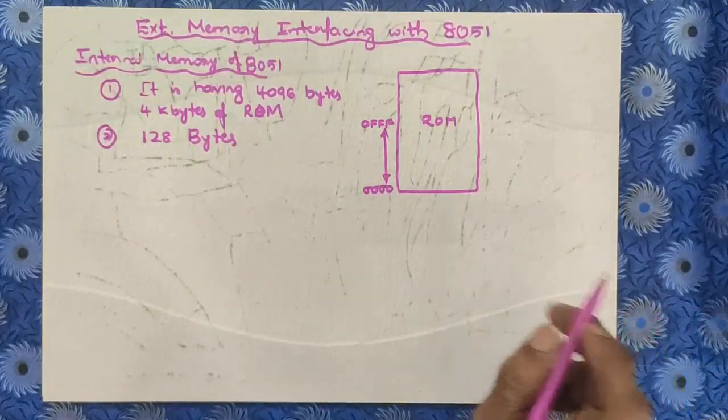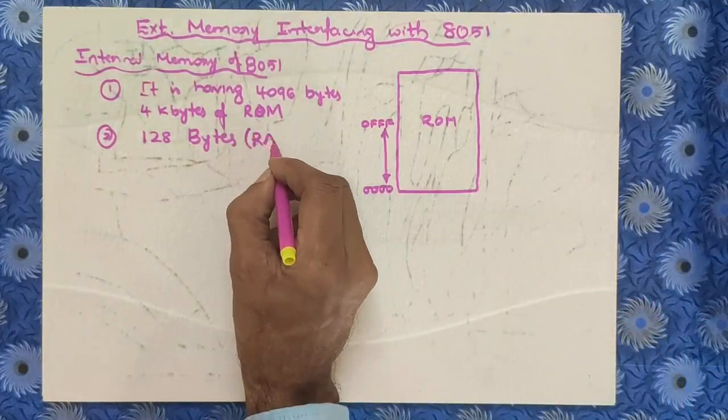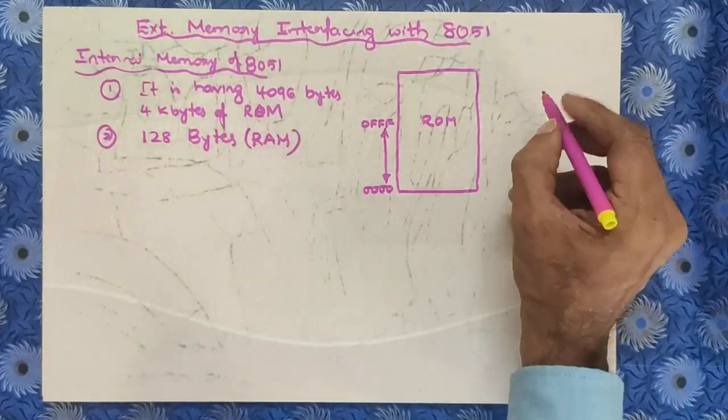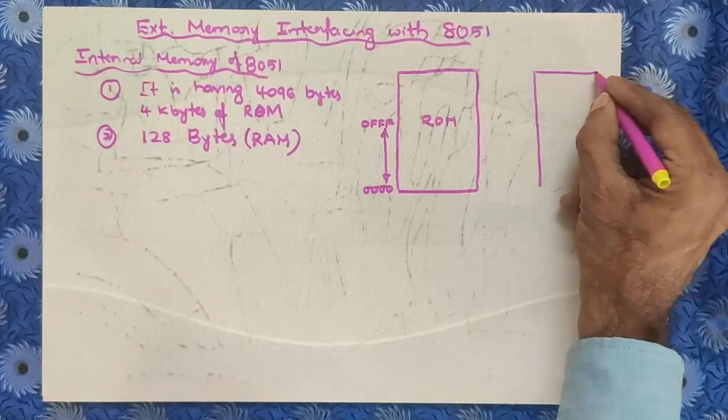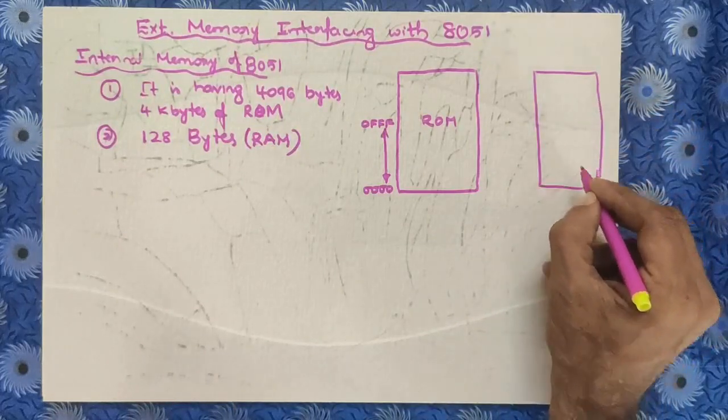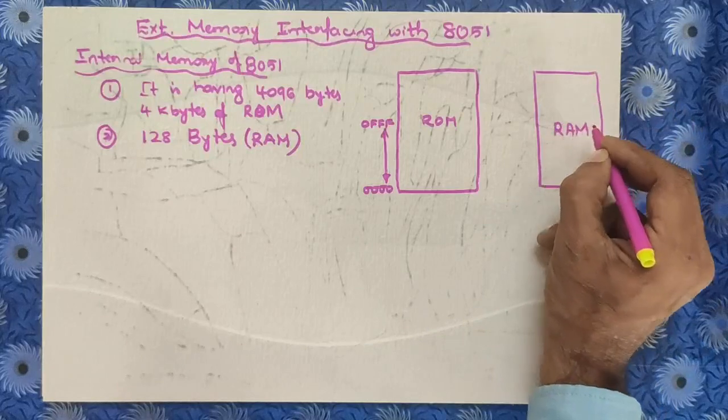Now, what about the RAM memory? The RAM memory which is associated with 8051 is something like this. This is the internal RAM of 8051.